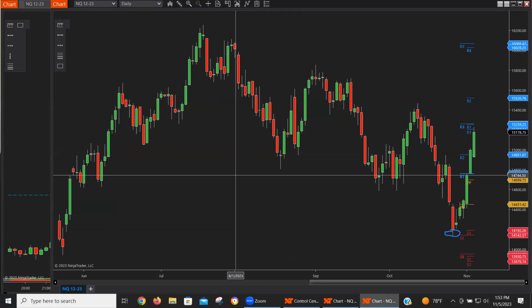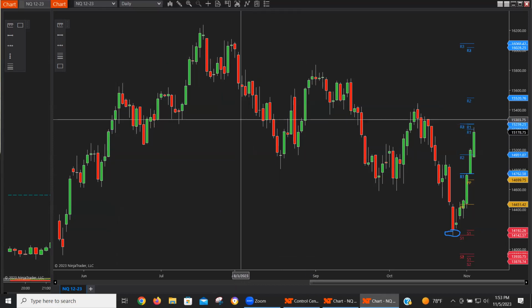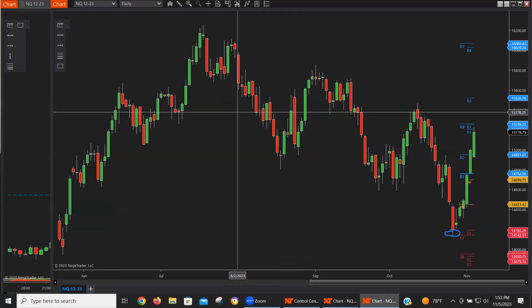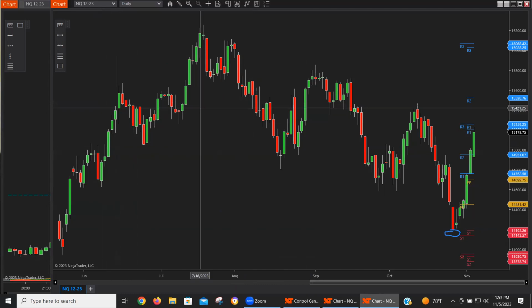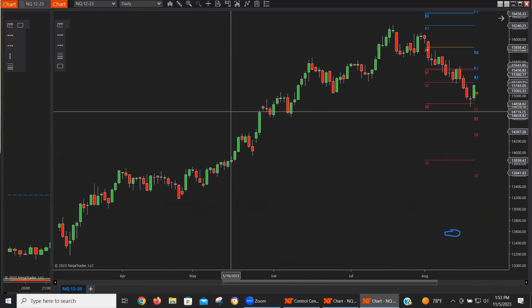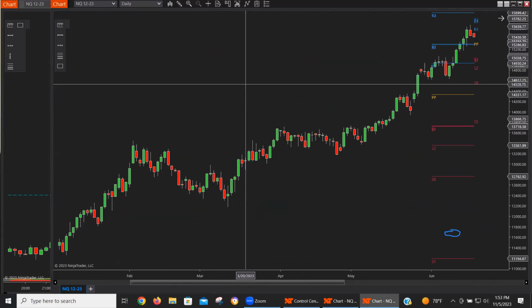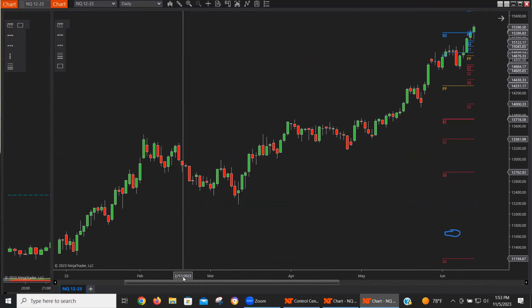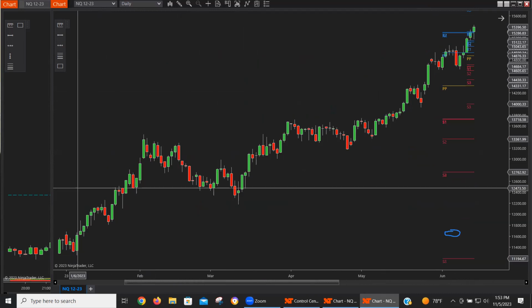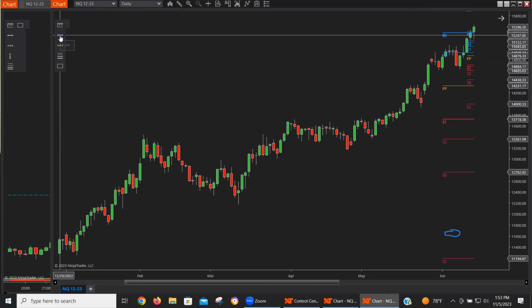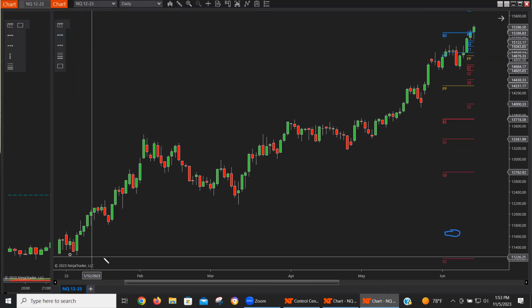Give me imbalances. First off, I would say two things. Pull up a chart and just do highs and lows of the ranges. It's for you too. Go through a chart, I don't care where it is, and show me where the highs and lows of the range are, and take a picture of that.